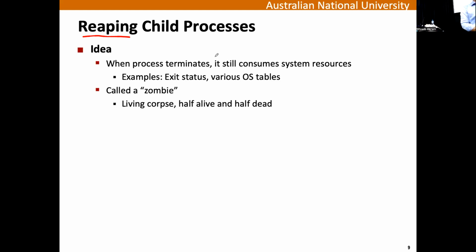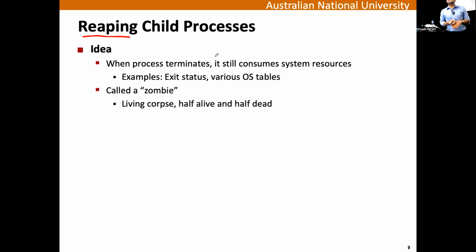So if the parent plants a child, it has a responsibility to check upon what the outcome was. Did the plant survive? Did it die? What happened? So a parent has to reap what it sowed. Okay. The child can terminate at any point.